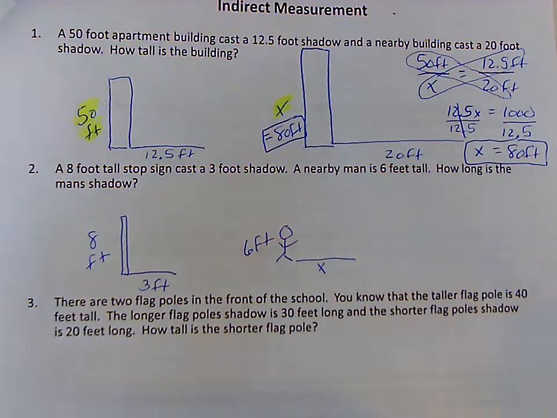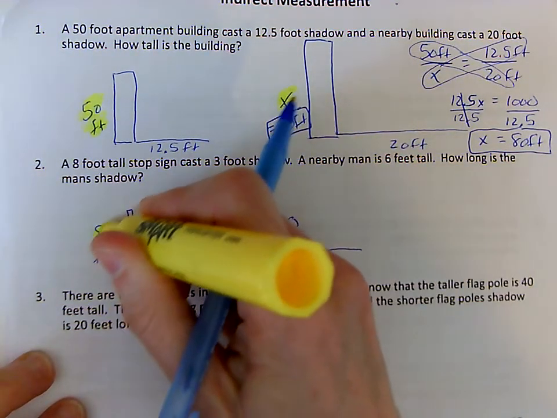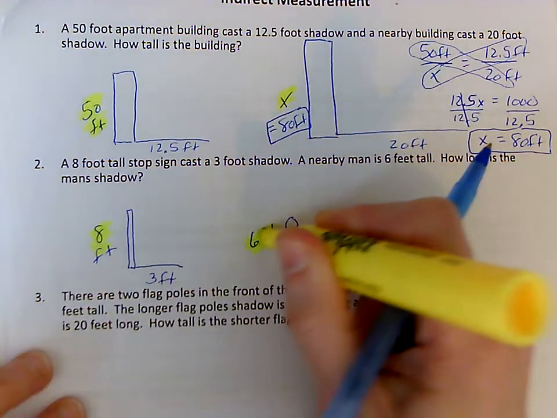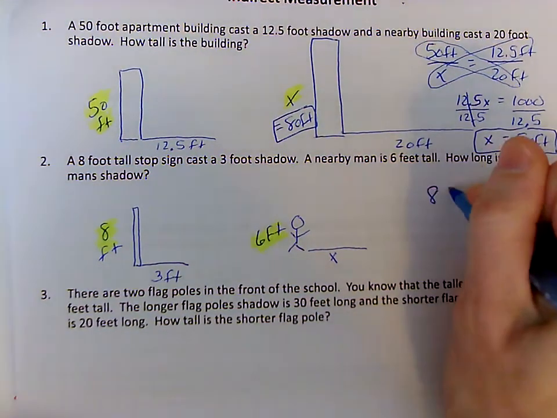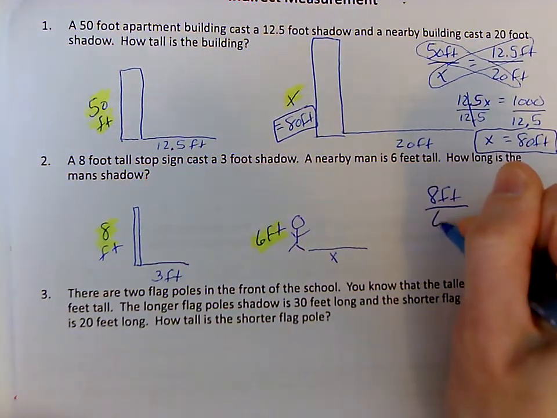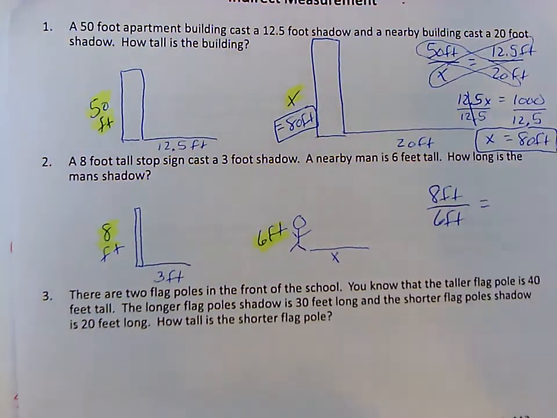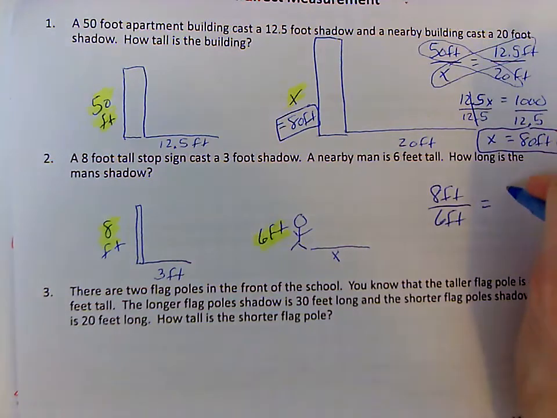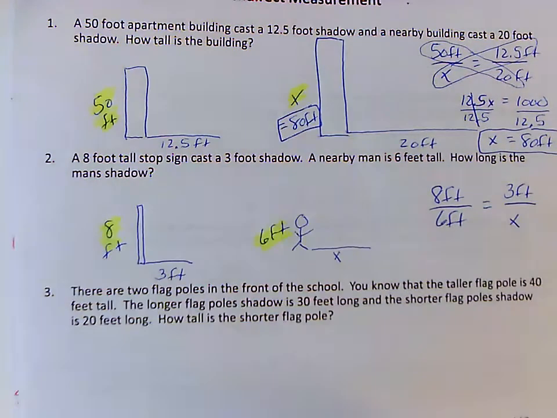So we're going to match sides here. So 8 feet and 6 feet, the height of the stop sign and the height of the man, are going to go together. 8 feet, 6 feet. And then put the shadows together. So 3 feet and X. And solve that proportion. Find that shadow that's missing there.